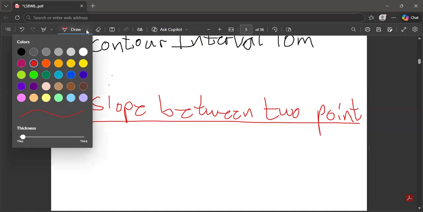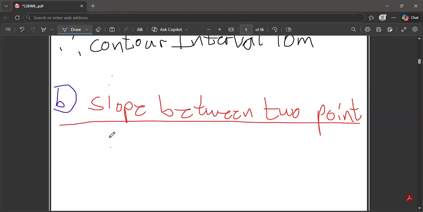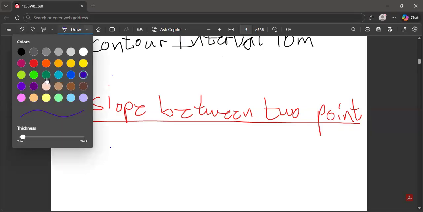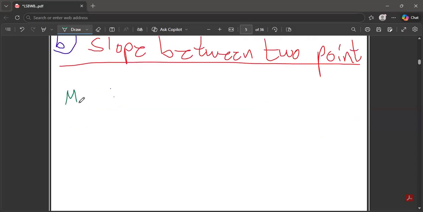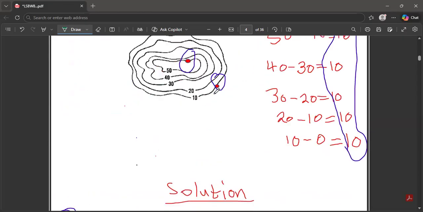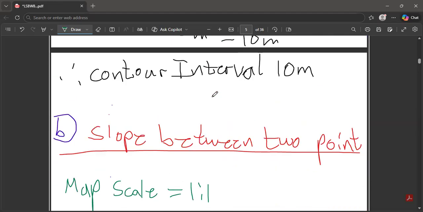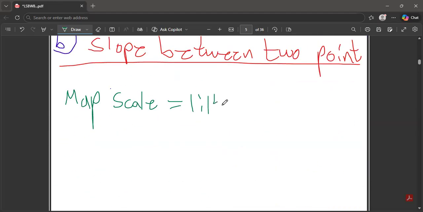So they've already given us our map scale. Let's write the map scale down. The map scale they gave us was equal to what? 1:1,500.